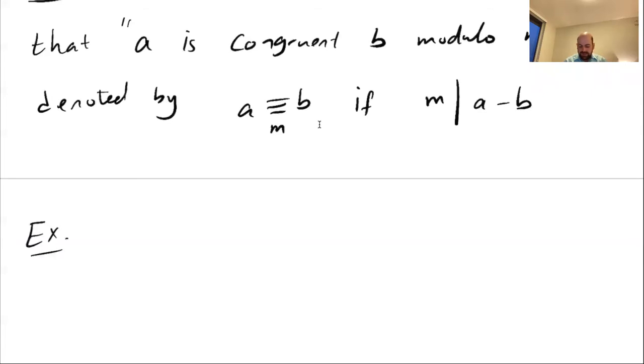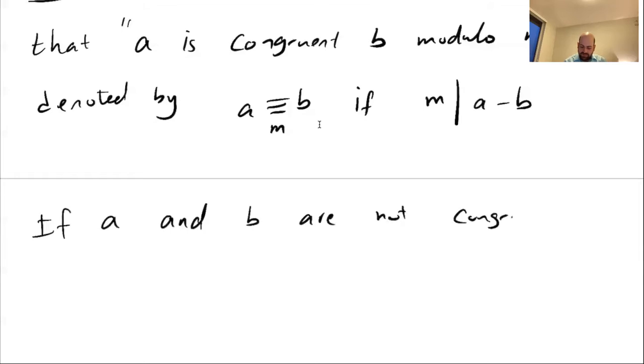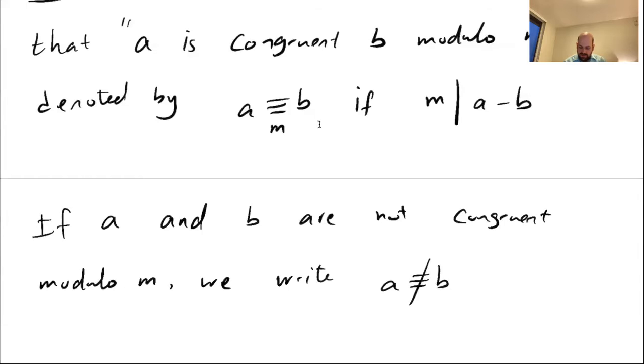Before giving the example, if A and B are not congruent modulo M, we write A is not congruent B modulo M.